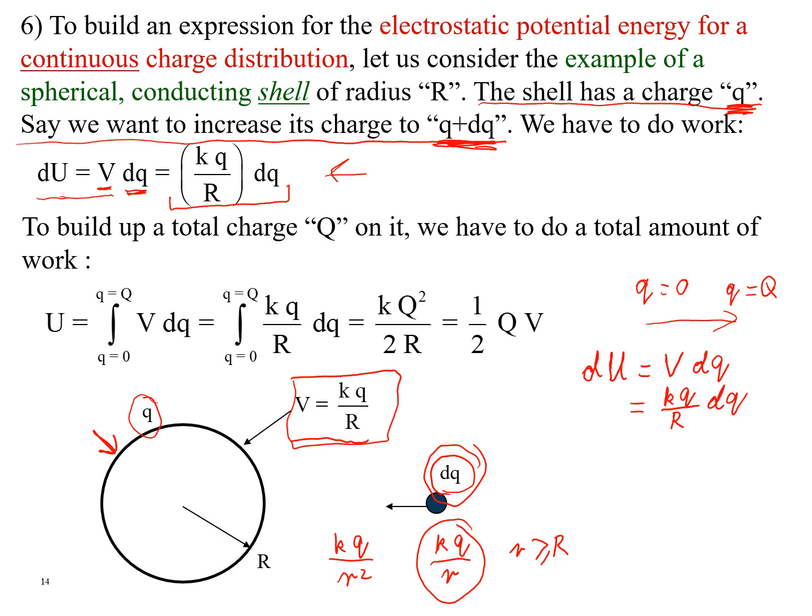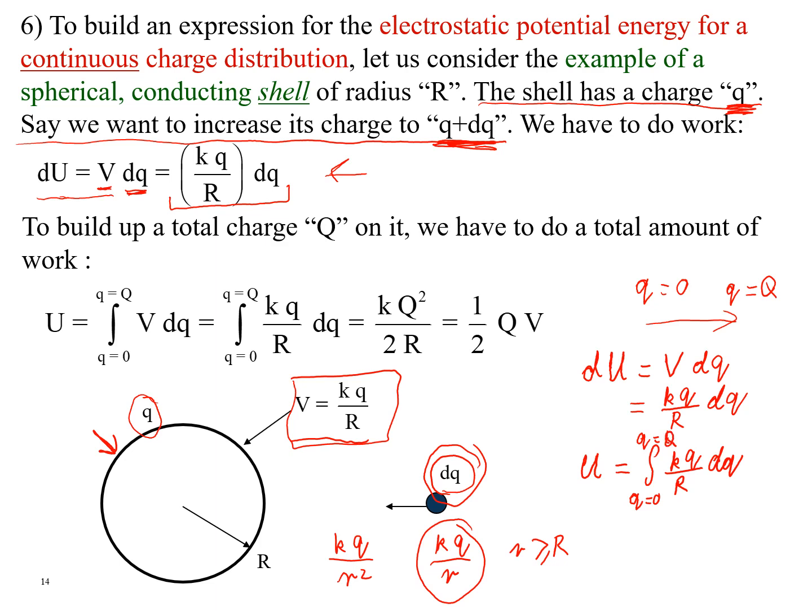And we can now go ahead and say that the total potential energy is just equal to an integration of kq over R times dq, where this integration goes from q equal to 0 initially to q equal to big Q in the final configuration.